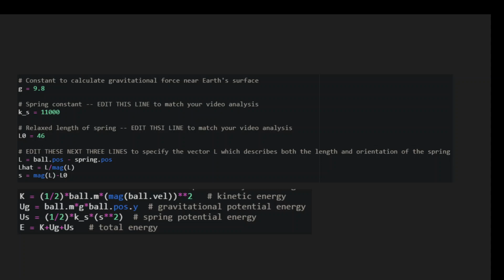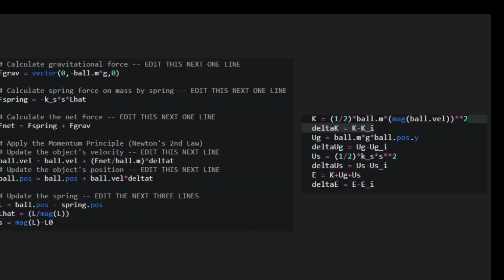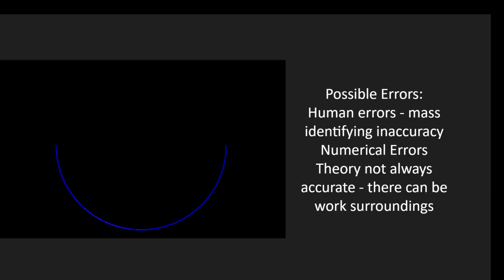I'll add up all of them to get the total energy, E. Then the gravitational force is minus m g j, and the spring force is minus k s l hat, and the total net force is F spring plus F gravity. I'll use that net force to update the ball velocity and ball position, and then I can script it using GlowScript, and you can see that.